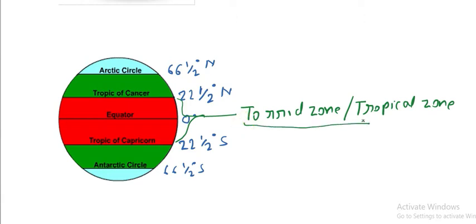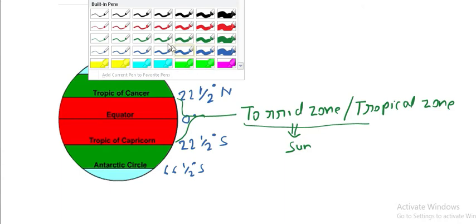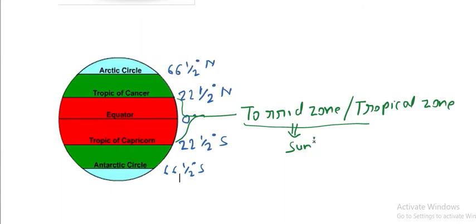This zone receives the maximum amount of sunlight, and this is the region where the temperature is very high and the rainfall is also very high. So this region has the maximum biodiversity on the earth.